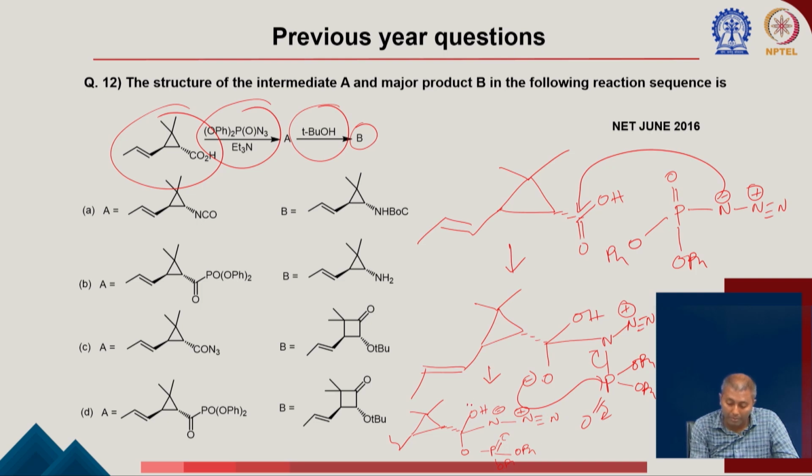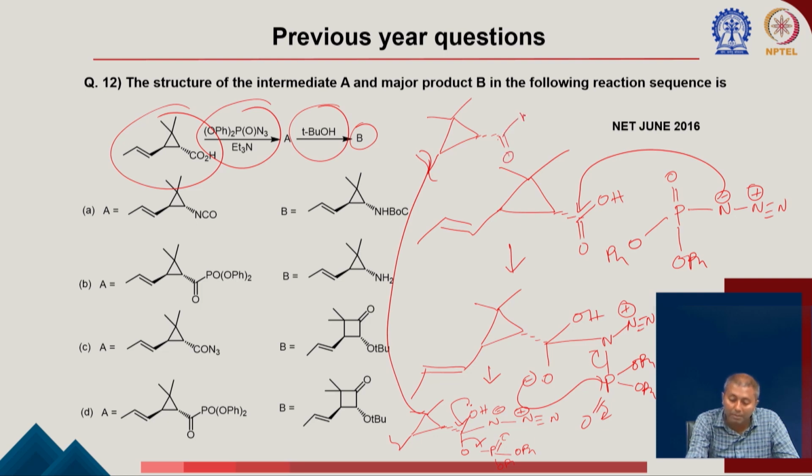You can see what is going to happen: this O is going to come back, and this becomes a kind of leaving group. So, this can get out from here, generating some sort of acyl azide, and if you remember, acyl azide means this is ready for the Curtius rearrangement.